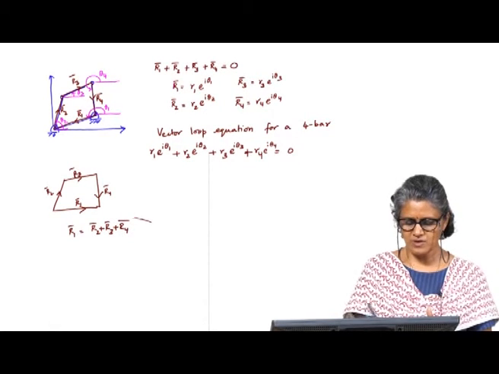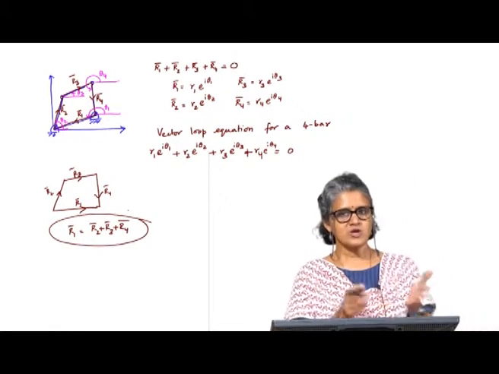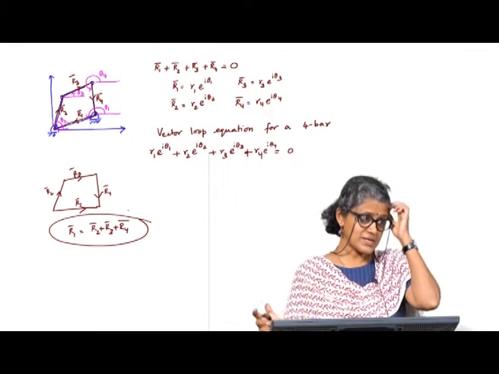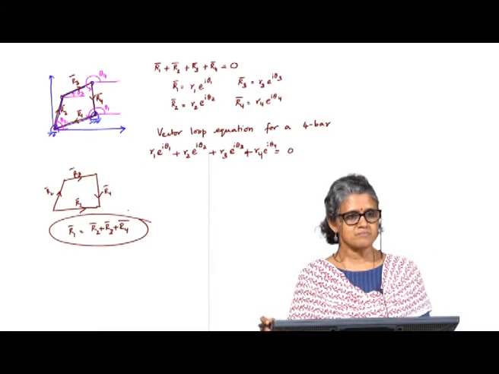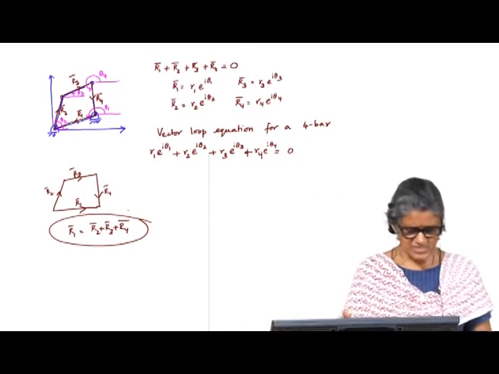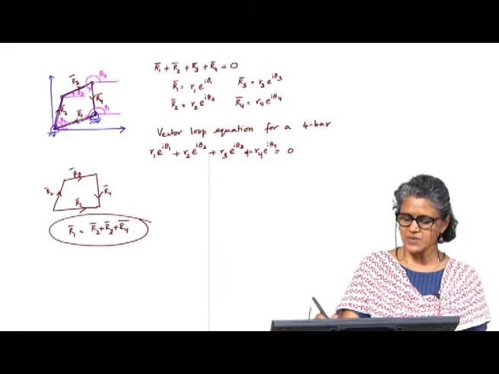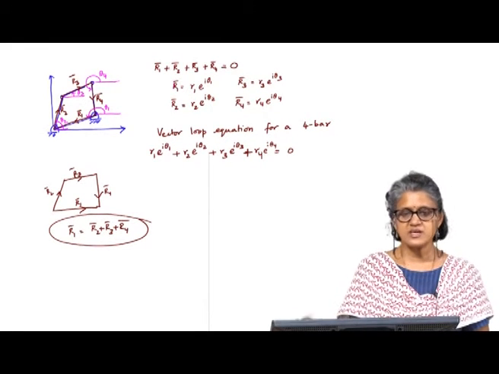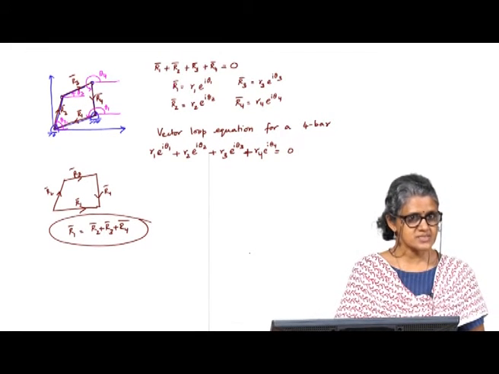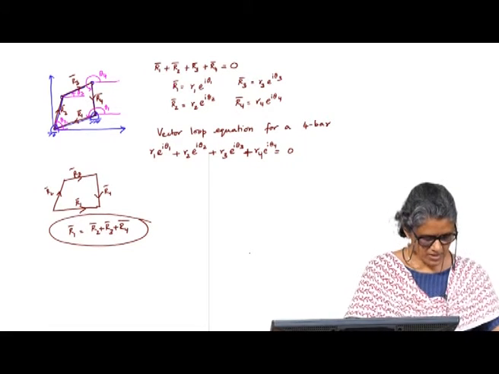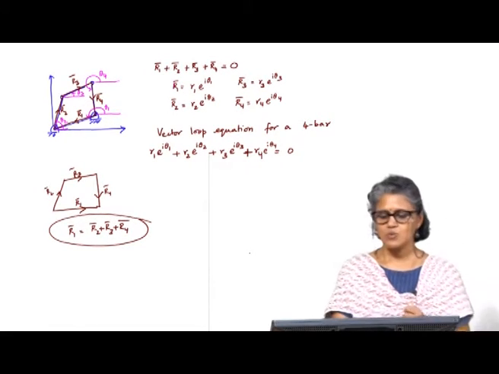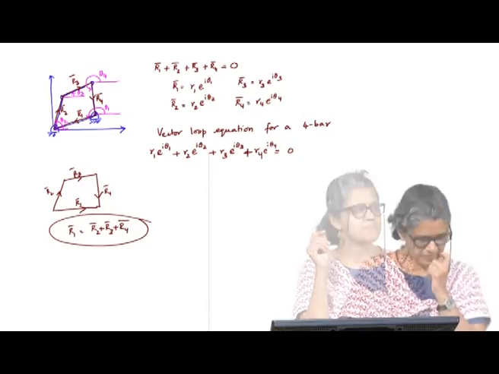This is also a valid way; depending on the directions of the vectors you would write the vector loop equation. So, this is the vector loop equation for a 4 bar, and we will use this equation for some methods of analytical synthesis. Let us look at one such method.